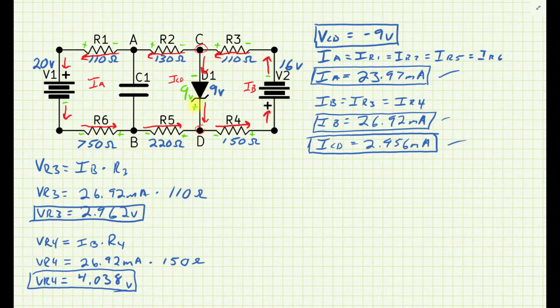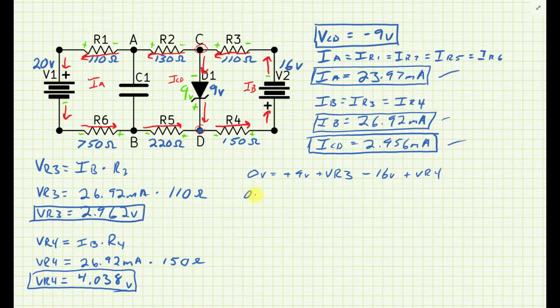What I like to do just to make sure that I'm on track is quickly do a voltage loop equation to verify that my voltages add up. So let's go ahead and do that. 0 volts equals, and I'm going to start at point D here, go clockwise as I always do, plus 9 volts plus VR3 minus 16 volts and plus VR4.